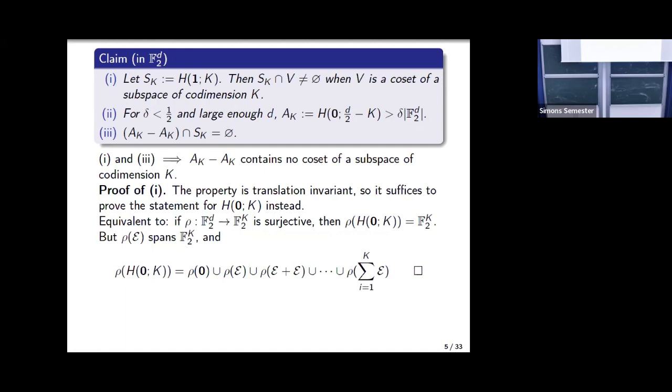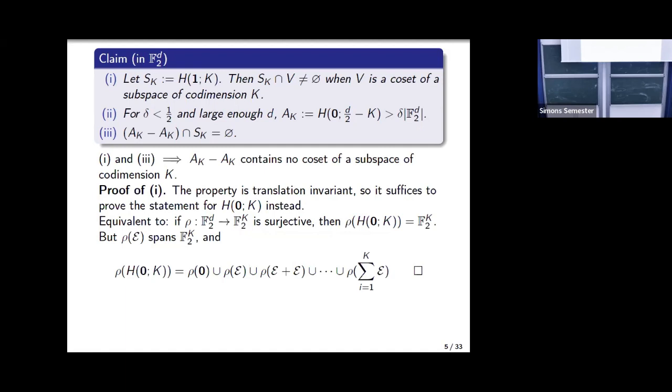And so this rho of E is a spanning set in F2 to the K because rho is surjective and E spans F2 to the D. So you have a spanning set, rho of E, and you've got the appropriate number of sums here to cover everything in F2 to the K.